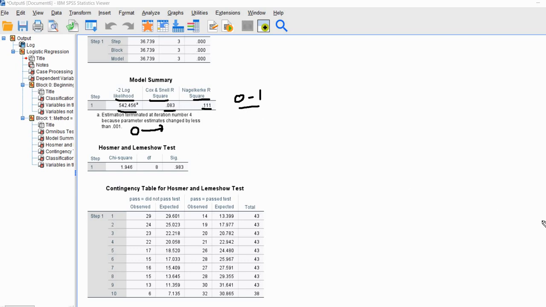But nevertheless, we're going to go ahead and proceed on and look now at the Hosmer and Lemeshow test. So this is another index of overall model fit, or a test of overall model fit. We have a chi-square test that's given, there's our degrees of freedom and our p-value. Now, unlike the chi-square test that was discussed previously, here, if it's non-significant, that is actually an indication of at least acceptable model fit.